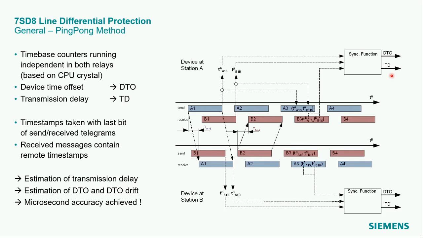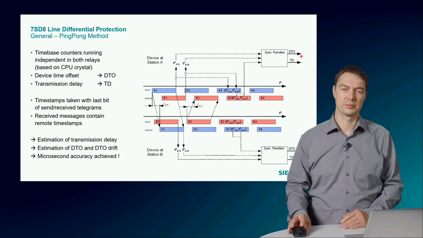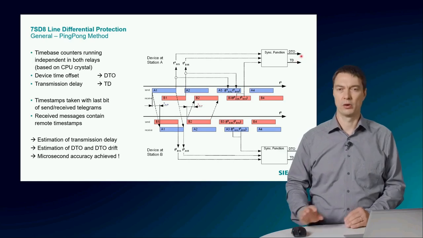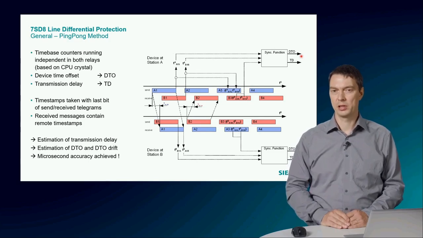The assumption for the ping-pong method is always that a symmetrical communication channel is used. Using two data tuples allows the calculation of the device time offset. Also, the drift in the device time offset can be estimated and results in a microsecond accuracy.